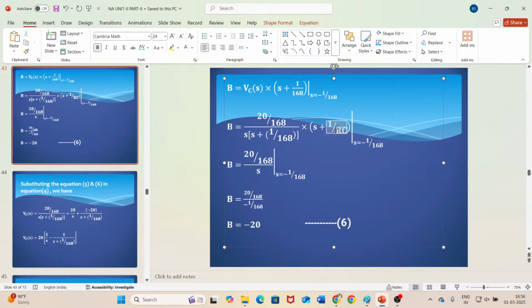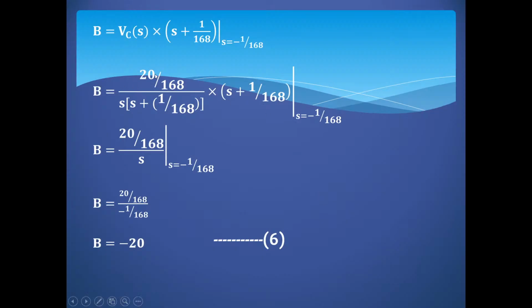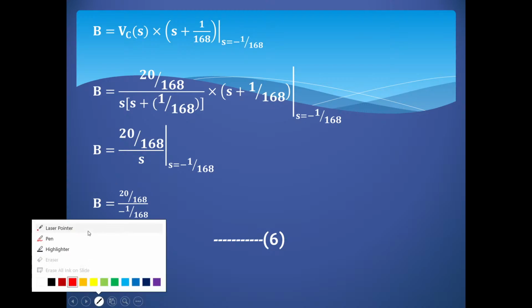I just forgot to modify this. I just copied the theoretical part and replaced the theoretical values with practical values, and this one term I forgot to change. So okay, B is equal to 20 divided by 168.